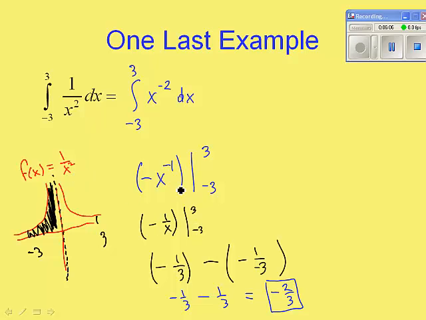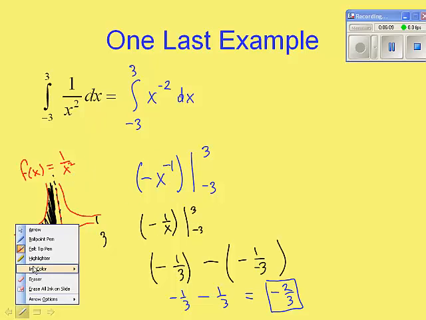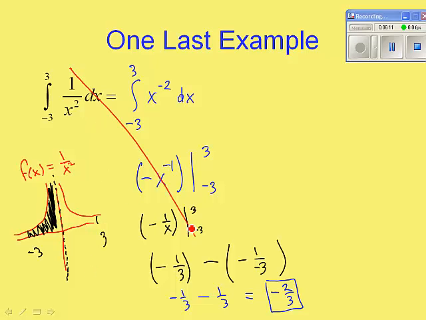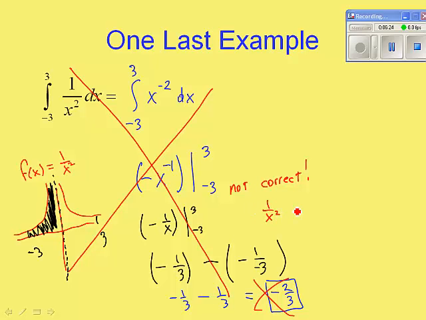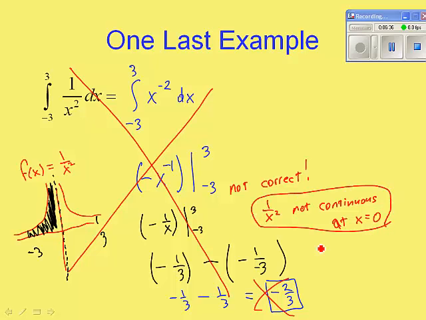So to do this problem, let me just take a big magic marker, and you should too, and say, this is not correct, because 1 over x squared is not continuous at x equals 0. Now, we will learn how to deal with it.